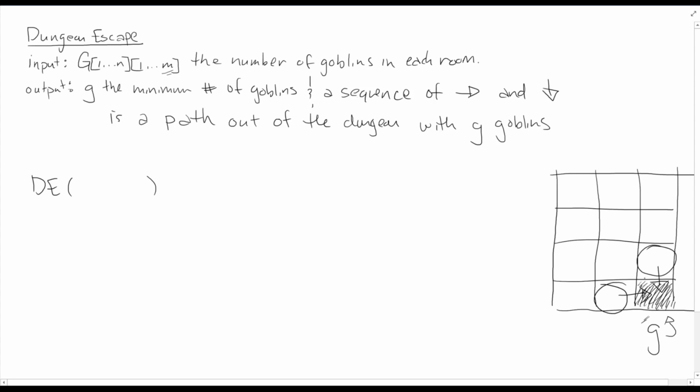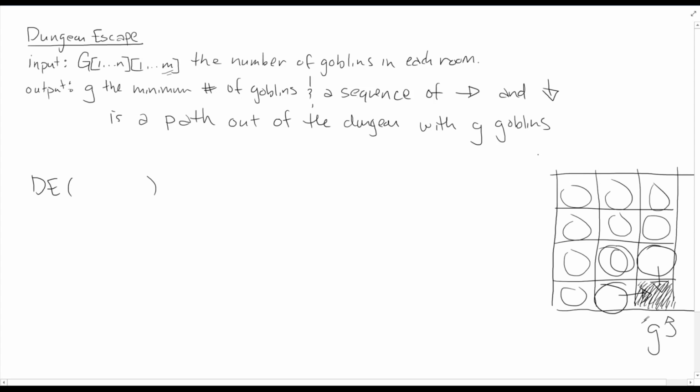So what does that mean? That means we probably want to know the minimum number of goblins to reach these cells, but to know this cell I'd need to know this one and this one. For this one, again, this one and this one, and so on. So I probably need to know the minimum number of goblins to reach any particular cell.